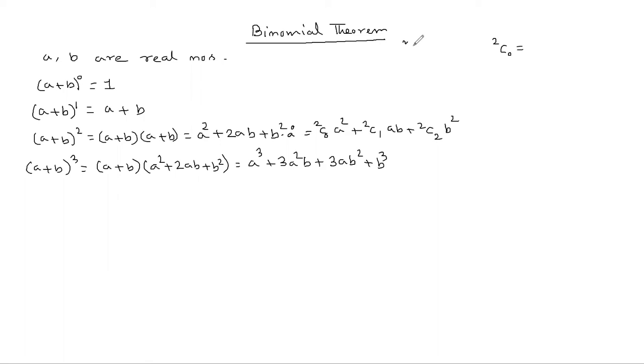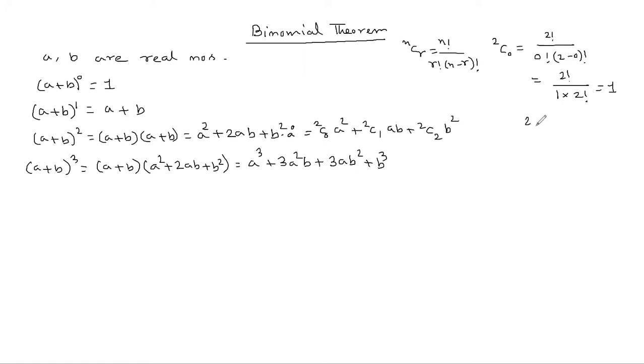According to the definition of nCr, nCr is equal to n factorial by r factorial times (n minus r) factorial. So 2C0 is 2 factorial by 0 factorial times (2 minus 0) factorial, which is 2 factorial by 0 factorial, defined as 1, into 2 factorial. So 2 factorial cancels out and we get 1.